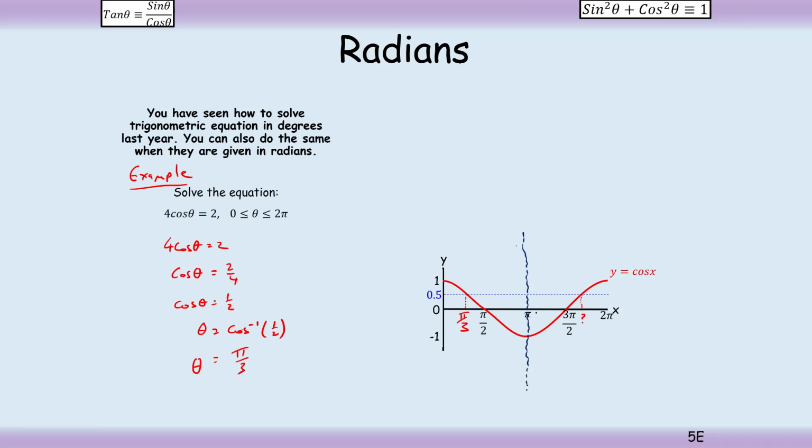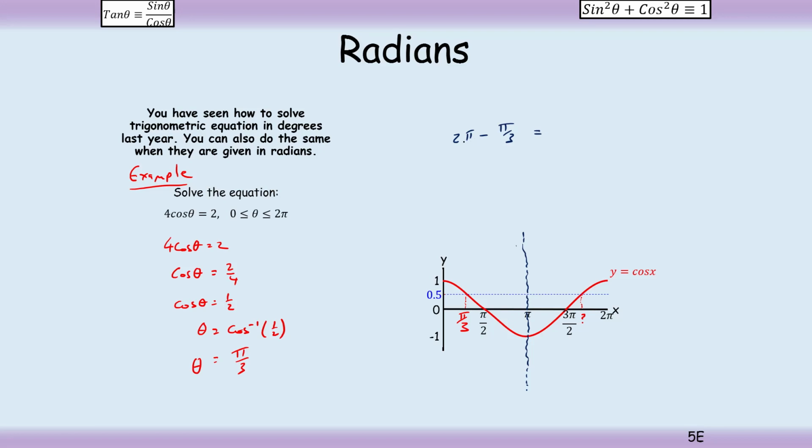Right, by symmetry, we can see that the left-hand side of the blue dotted line is the same as the right-hand side. So that means from here, from 0 to pi by 3, is going to be the same distance as from here, from 2 pi to this amount here. So in order to find what this question mark is, I can do 2 pi minus pi by 3.